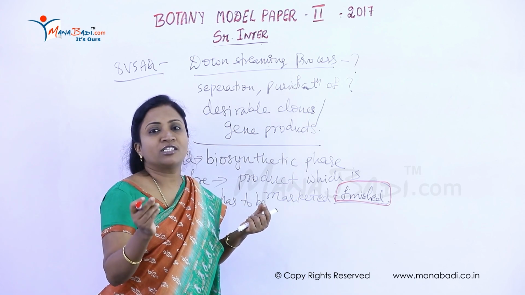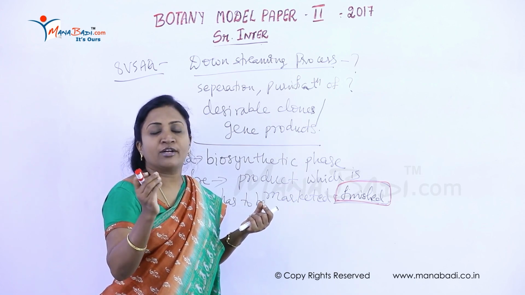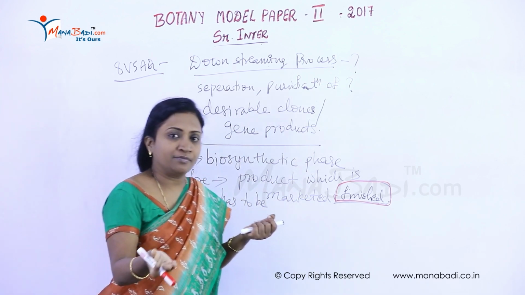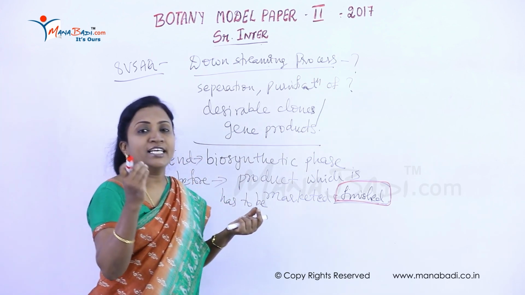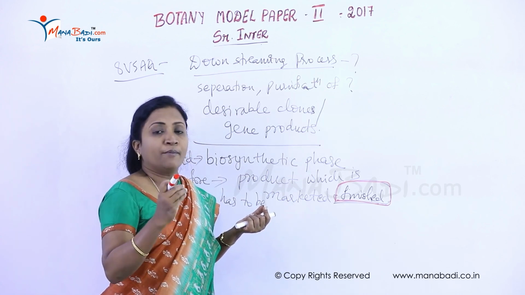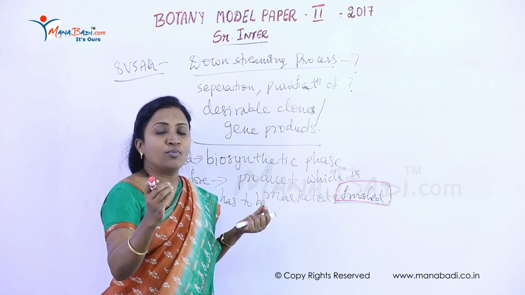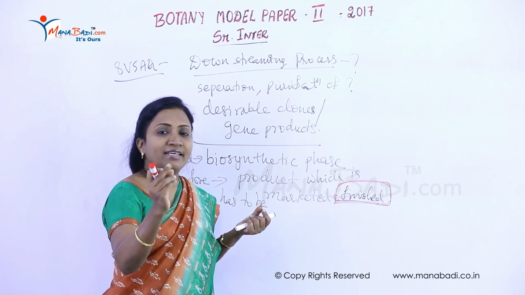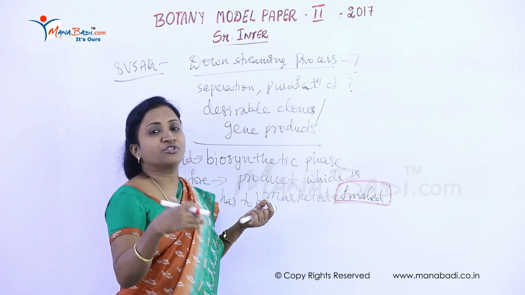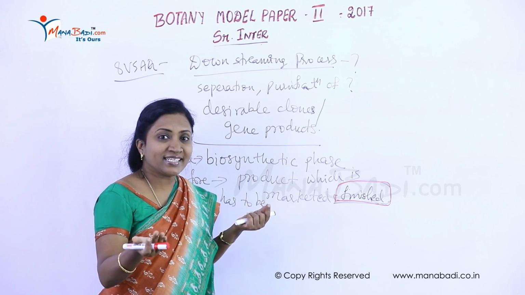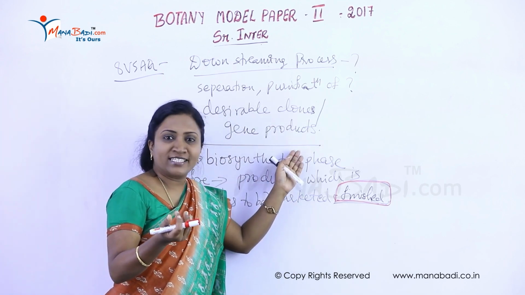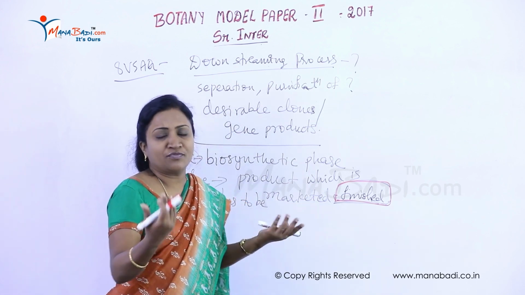For example, just now I mentioned insulin. The gene which is responsible for producing this hormone, insulin, can be isolated and multiplied into a number of copies. These are called the desirable clones, and these are also the gene products, the products of the gene.